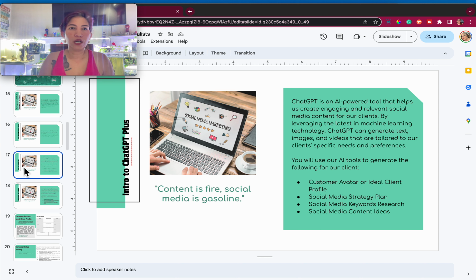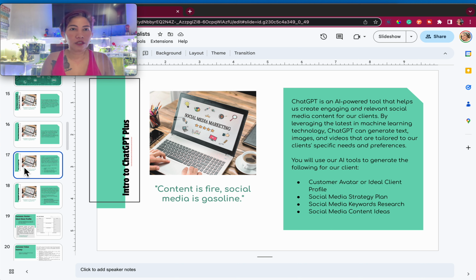So we get to use all these amazing tools from them. But I have a comprehensive collection of all the ChatGPT prompts that you can use. But those are to guide you only.